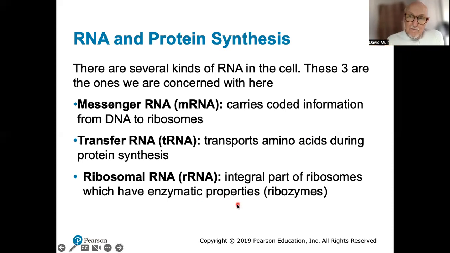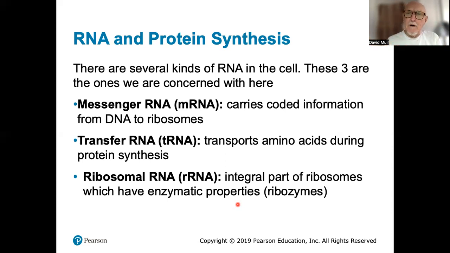The third type of RNA that we're going to encounter is ribosomal RNA, or rRNA. Ribosomal RNA has two important functions. The first is that ribosomal RNA is often very, very large RNA molecules that fold themselves into very complex shapes, which form the structure of the ribosomes, hence the name ribosomal RNA. There are several kinds of ribosomal RNA.